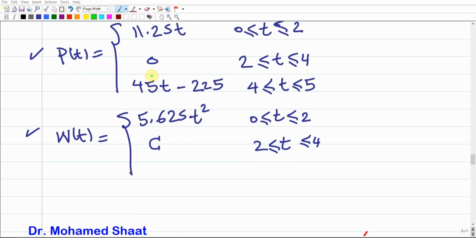All right, so now how about this third equation? This third function here, 45t negative 225, is actually so tricky. Because we are interested in finding the integration of the power, all of this expression is just the power. So in the integration, it should be done over this one like a single term.